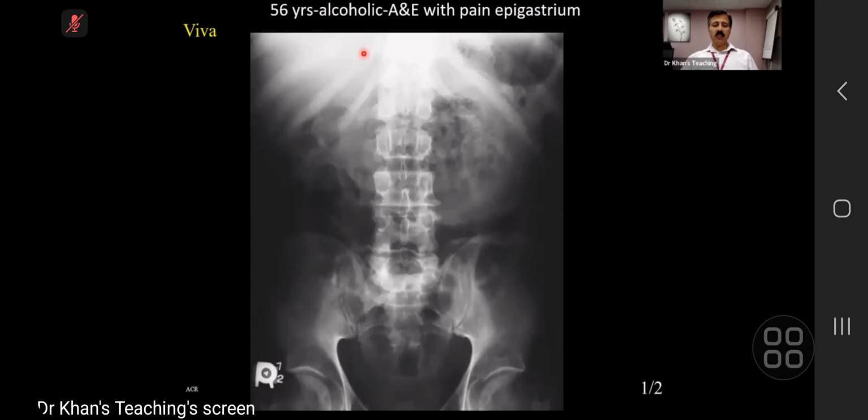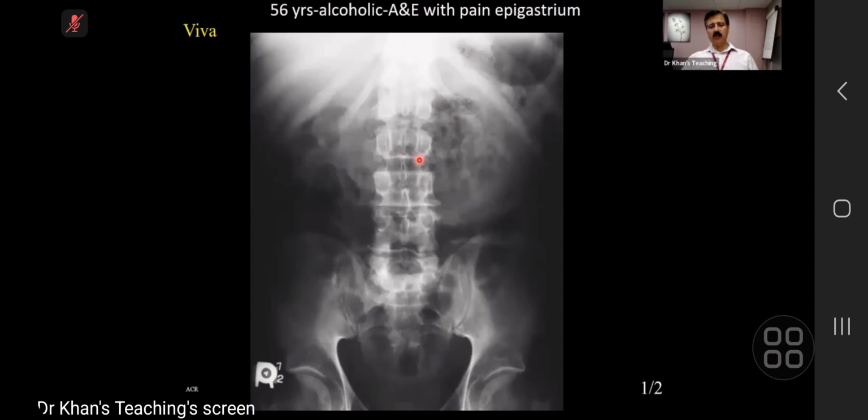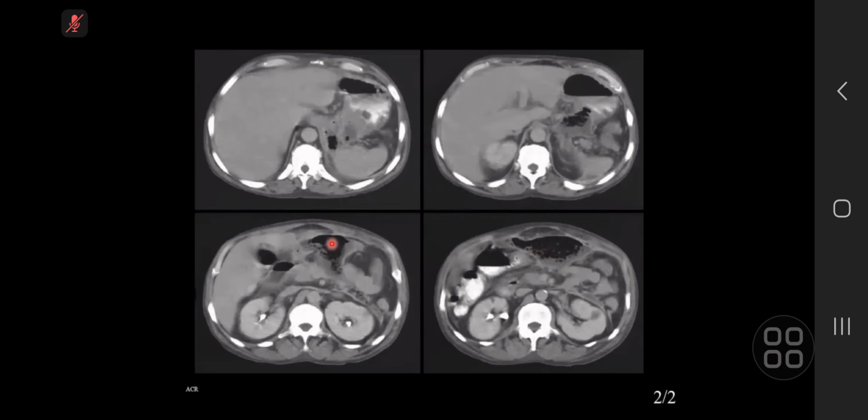Right. If you see here, this is the stomach. This is the transverse colon. There is gas here. Look at this bubbly type of appearance. With this history, what else can it be? On a CT, what do you think? Oh, so it looks like pneumatosis. No, where is it?